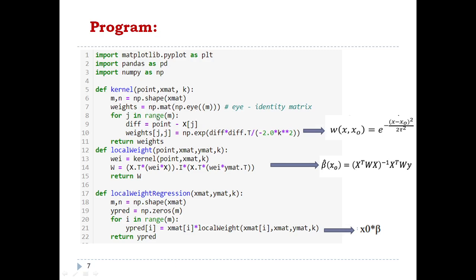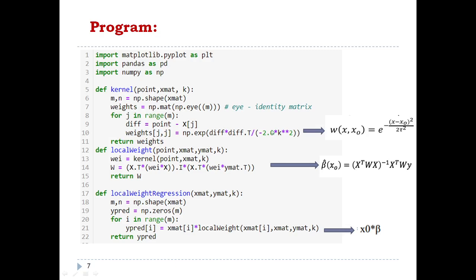Now it takes the difference of these points and applies the kernel smoother function, that is w of x comma x0 equals exponential of minus x minus x0 the whole squared divided by 2 tau squared. This is framed like this in the Python program.